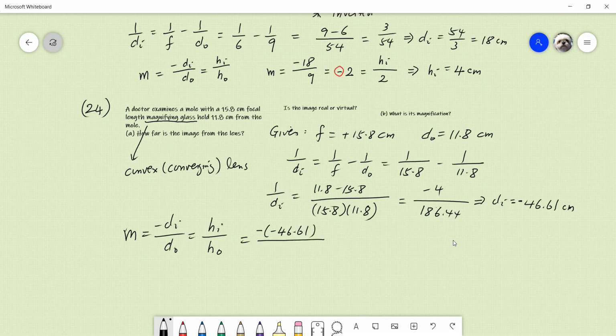Yes. And the DO is 11.8, right? So what is this? Divided by 11.8, so 3.95. So therefore, they are magnified by 4 times. Am I right?